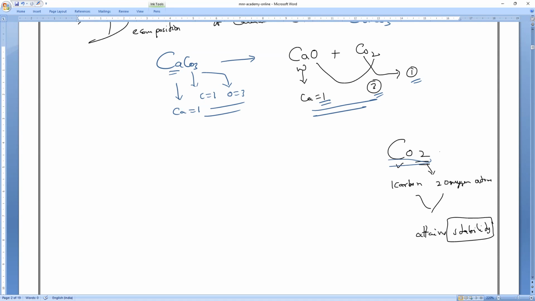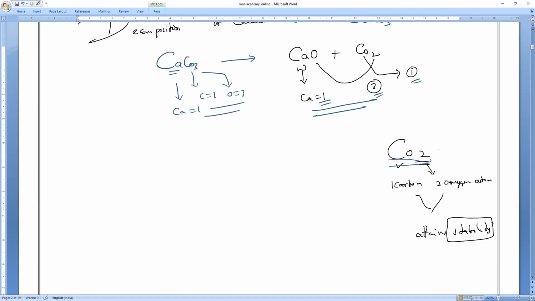The same element can combine with different atoms, like hydrogen combined with oxygen, with carbon, or with some other element. That is what you have to remember.